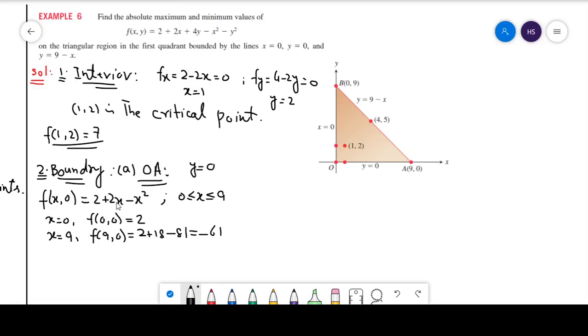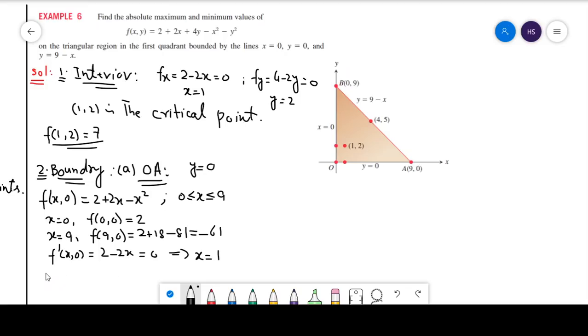Now we have to check the interior of a single variable function. So how do we check it? You just calculate the derivative and calculate the critical points. So this becomes 2 minus 2x. This can never be undefined. So if you equate it to 0, you will get x equals 1, right?